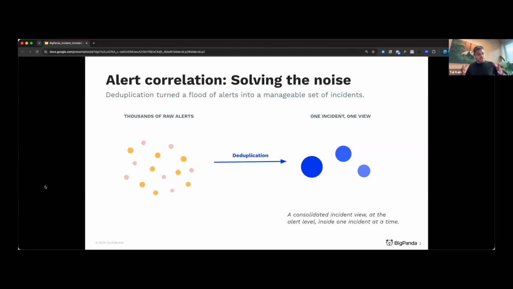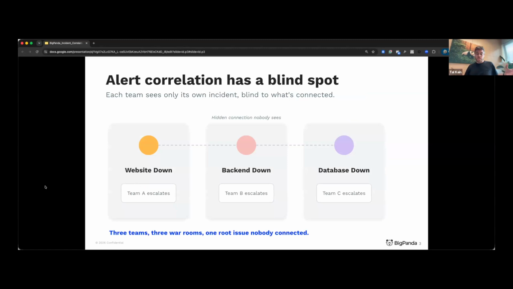But if I can see the different incidents that are related to other systems, and there is an opportunity to correlate all of them into the same storyline, suddenly I have better visibility into what is actually happening in the system.